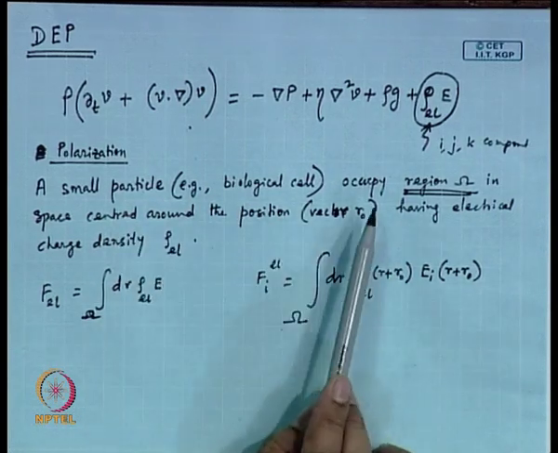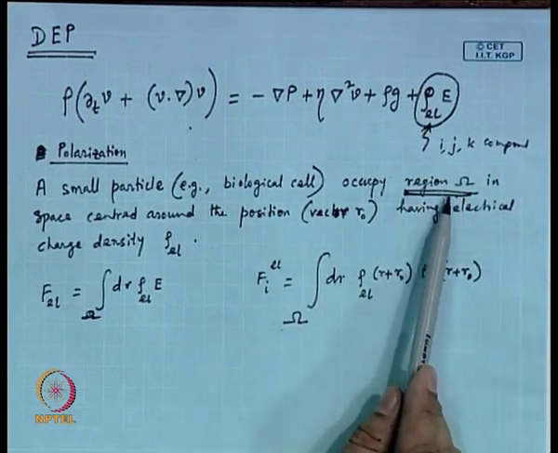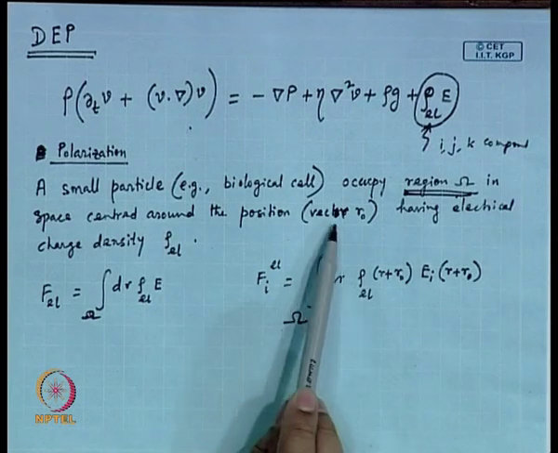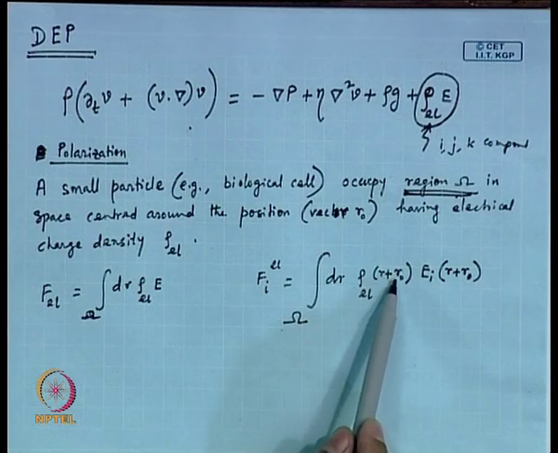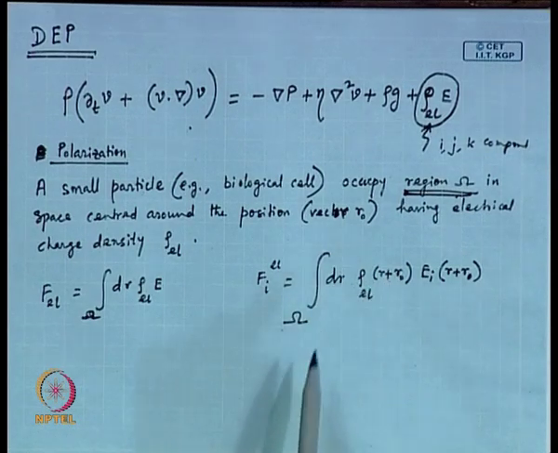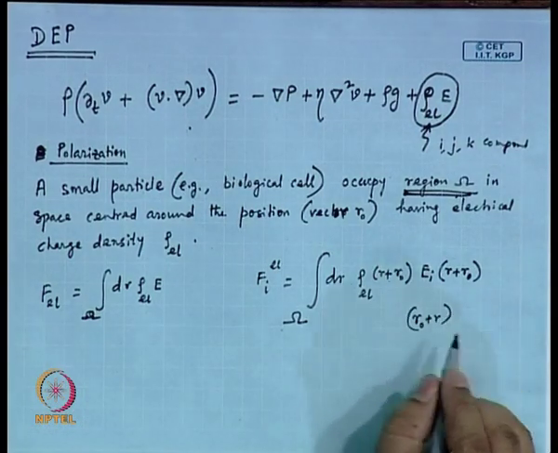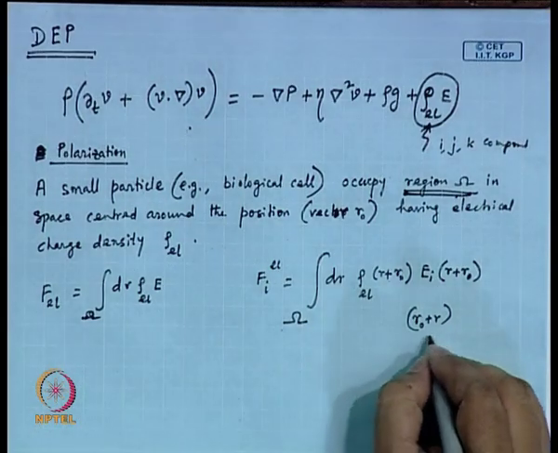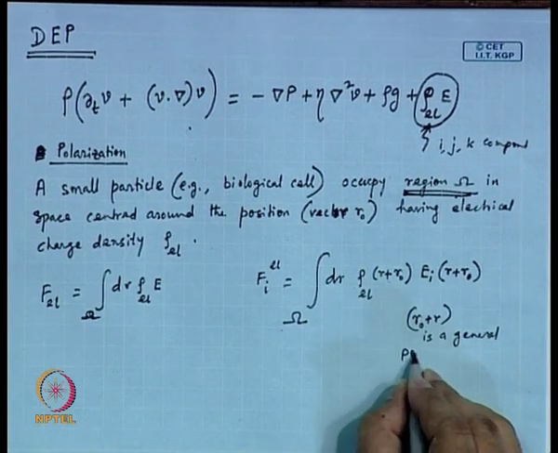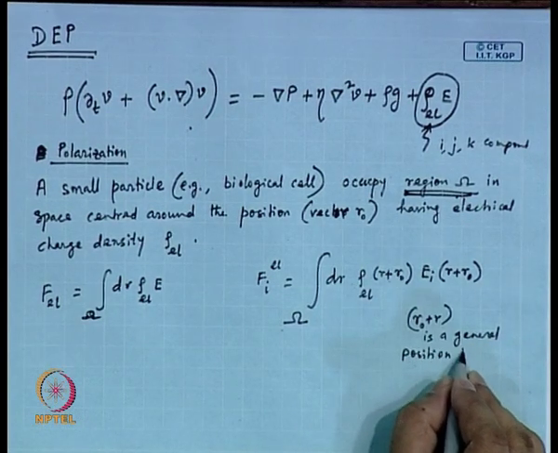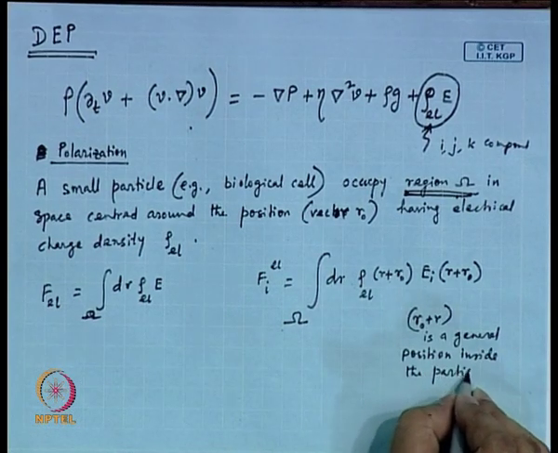So, you have a particle occupying a region omega, this is something which is new here. If it is occupying a region omega around the position vector r0, then for all such points around r0, what is r0 plus r? This is a general position inside the particle, inside that biological cell.